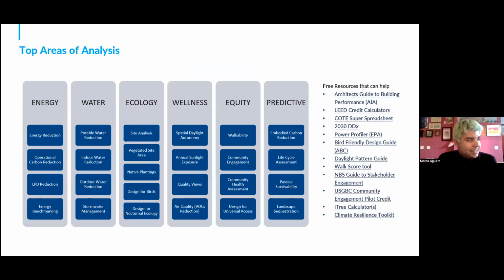Talking about analysis, here's some of the top areas of analysis. So here's some of the more popular ones: energy, water, ecology, wellness, equity, predictive. The platform I work for, cove.tool, we're only tackling the ones that are more building focused, like energy, water, and some wellness.